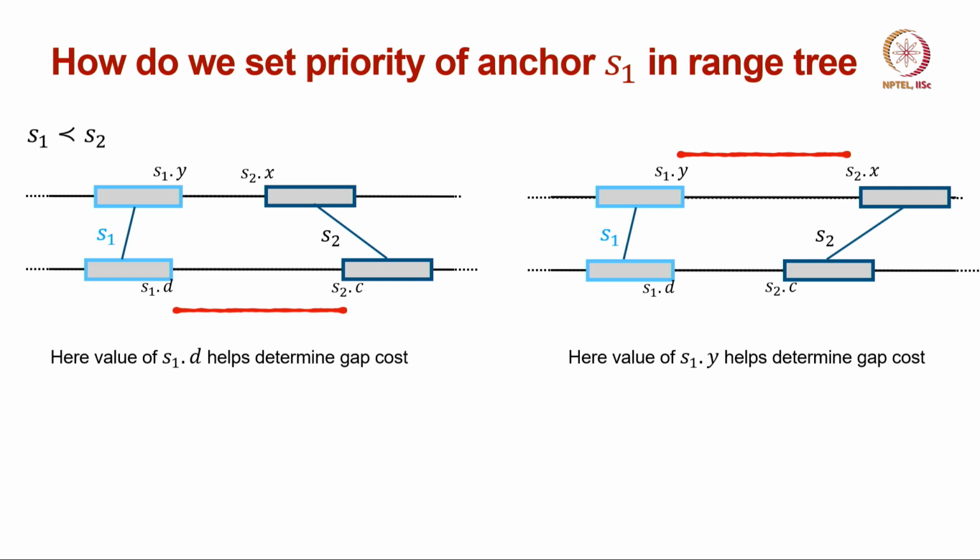For example, in the left hand side case, if you consider anchor S1 preceding anchor S2, in the left hand side case the gap cost is being determined by the number of characters on this sequence, whereas in the right hand side case the gap cost is determined by the number of characters on the first sequence. So, depending on how these two anchors are oriented with respect to each other, the gap cost calculation is differing.